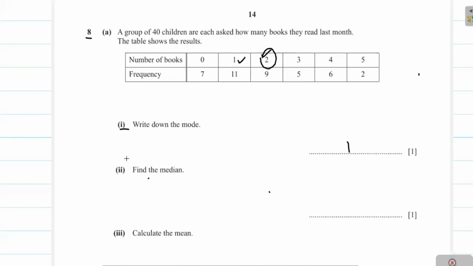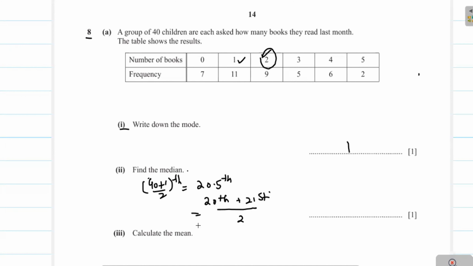Question 8, part second, find the median. Median is the middle value of the data. You see here are the 40 children. Therefore, the middle value will be (40 plus 1) over 2, and this will be equal to the 20.5th value. And therefore, the average of the 20th and 21st values is the middle value.